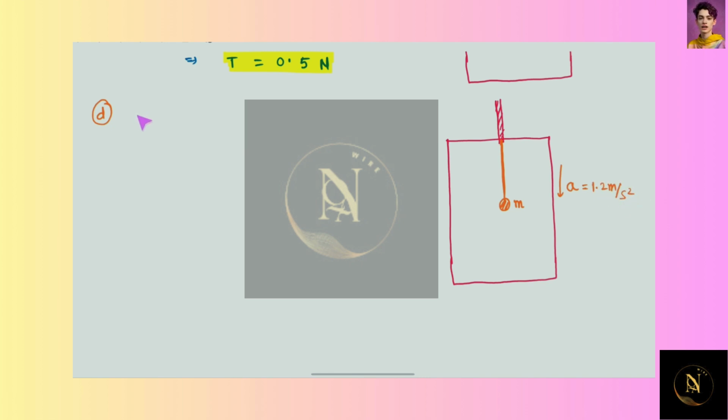So we can just write elevator moves downward with acceleration a equals 1.2 meter per second square.